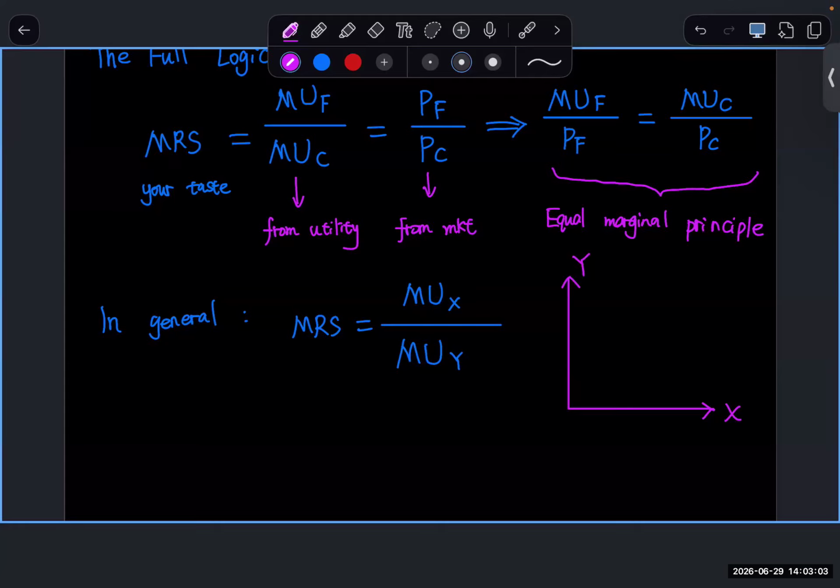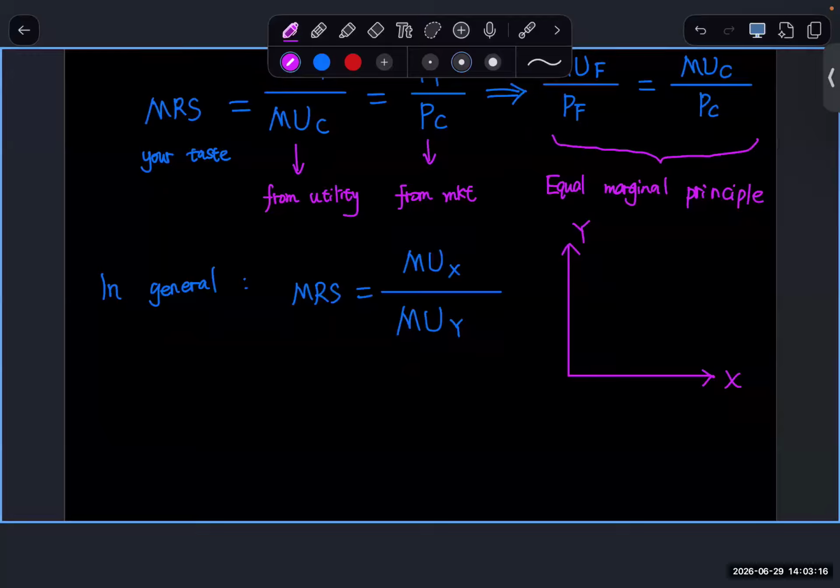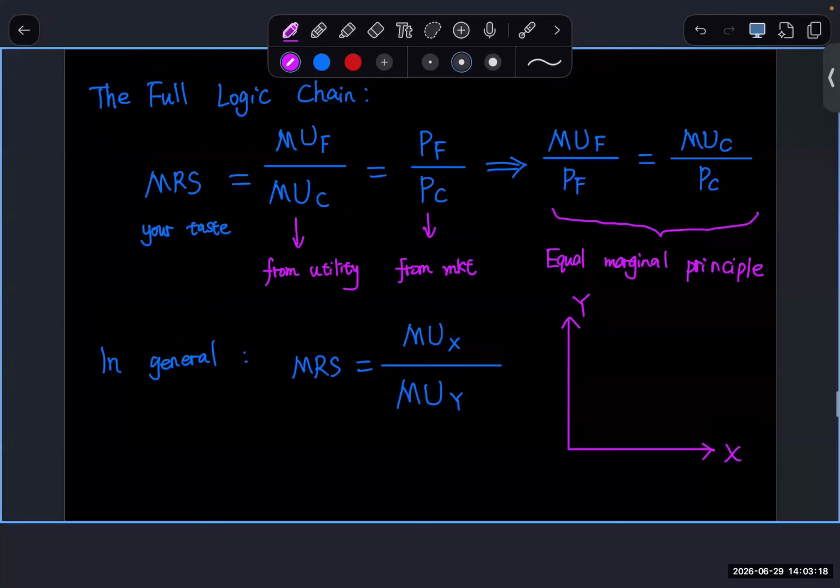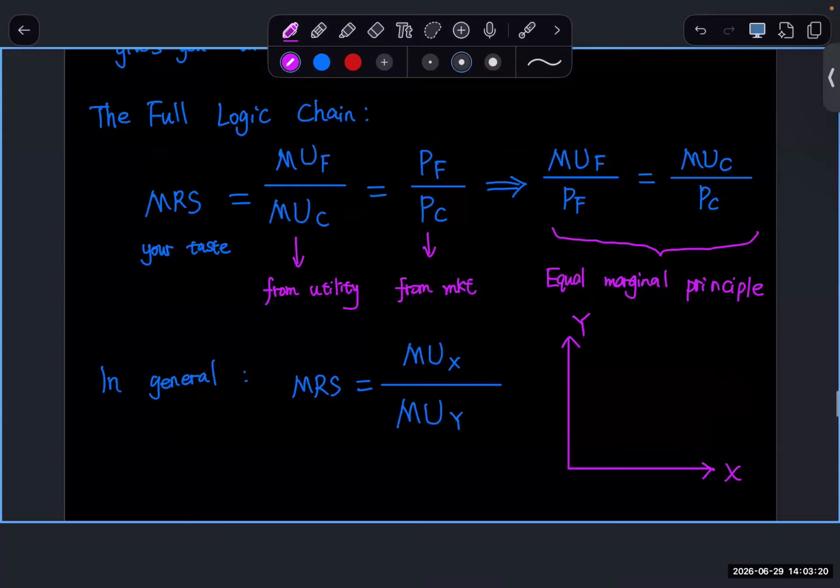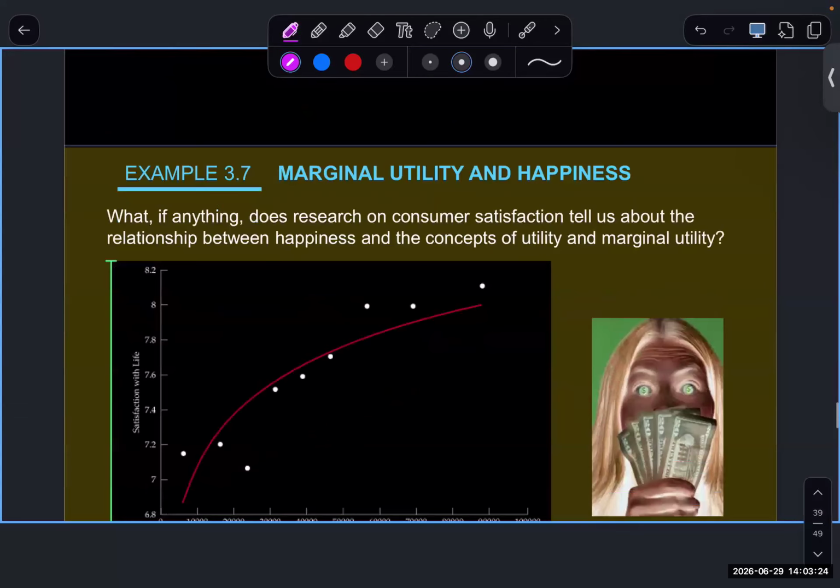MRS is the horizontal divided by the vertical goods, okay, MUX over MUY. Clear about this chain? Okay, let's continue.